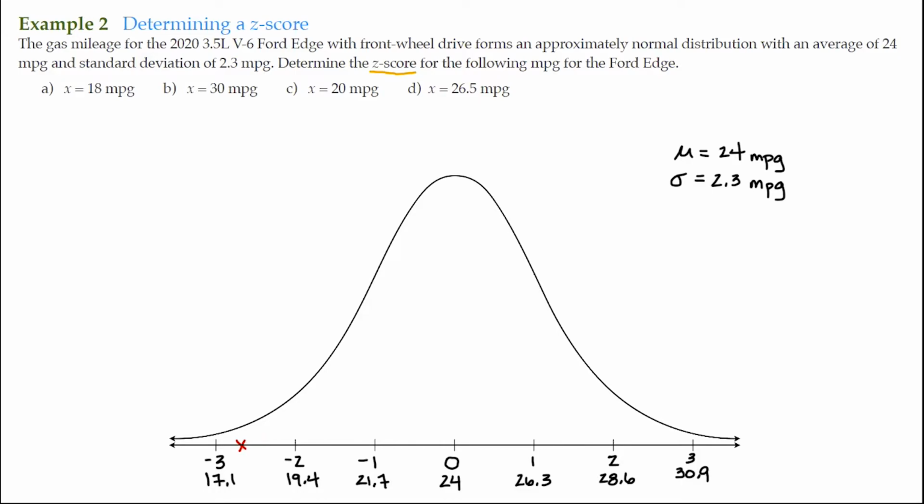And all we have to do, it's not that difficult, is figure out how far 18 miles per gallon is from 24 miles per gallon, the average. So here's A. 18 minus 24. Well, that's -6. But I know that it's not -6. So what I have to do is introduce the standard deviation. It does play a role. So I'm just going to divide this by the standard deviation, 2.3.